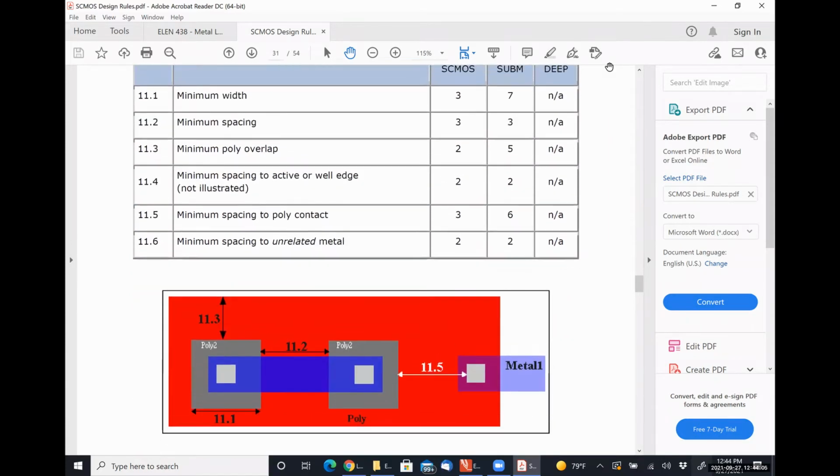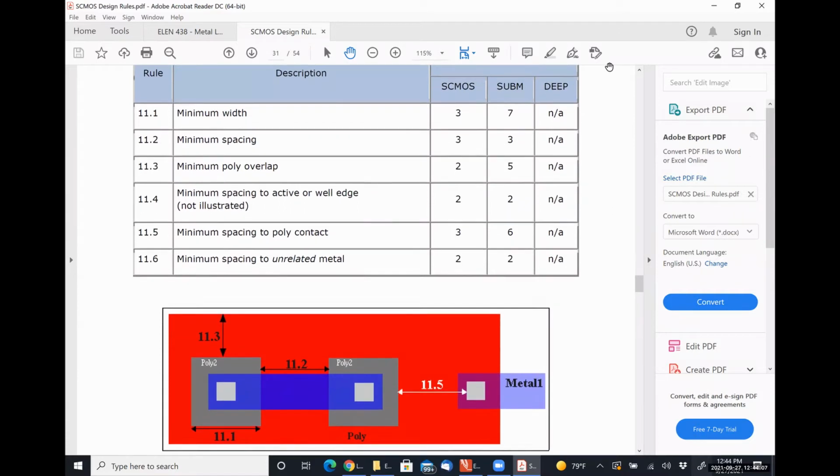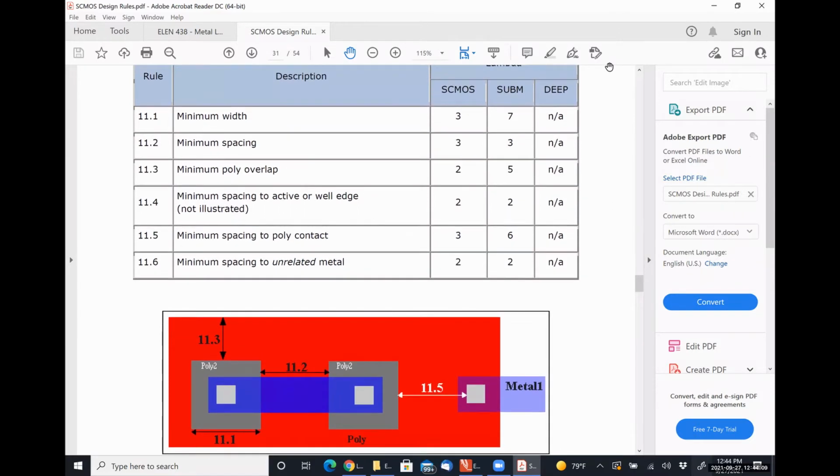All right, so our minimum poly overlap, we look at 11.3, right? What does that mean? The smallest possible dimensions of our poly 1 layer.